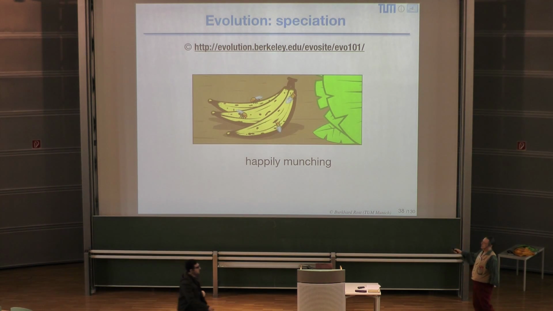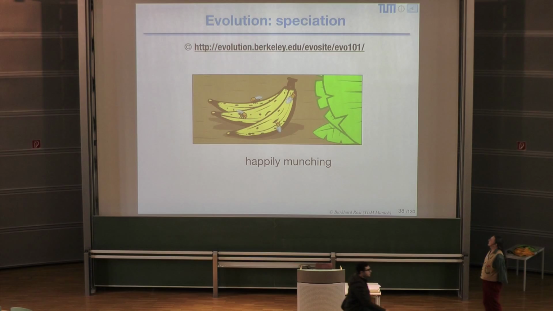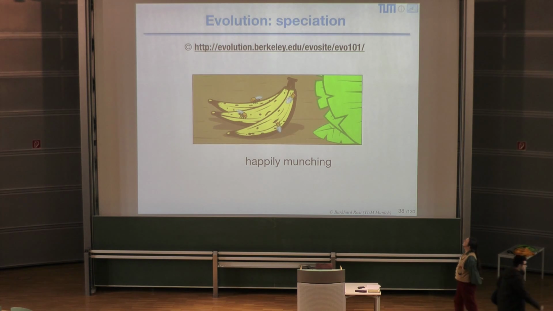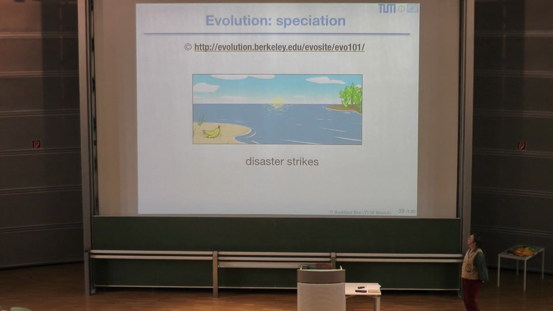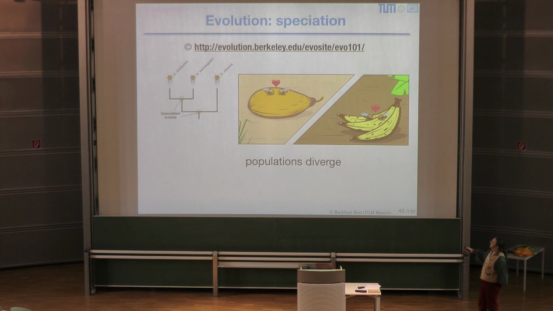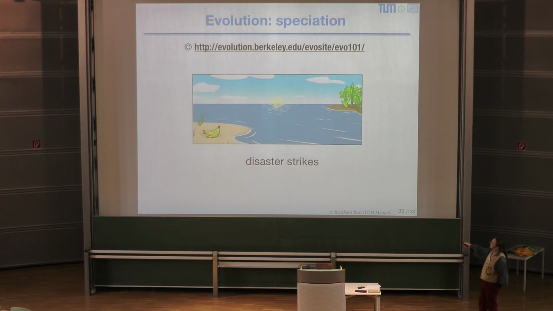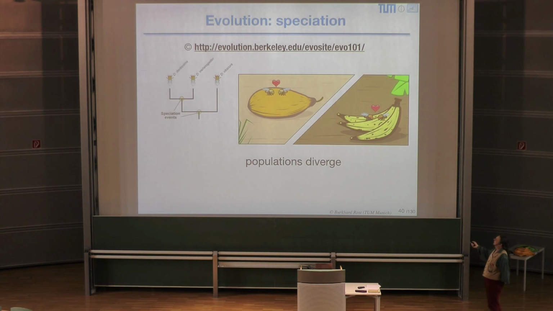So, the historical example for that story, and I took it here from these wonderful slides. You have these fruit flies that are happily munching on their favorite food. Then sort of disaster strikes. That is that there is a separation of the two parts of the island through a flood.